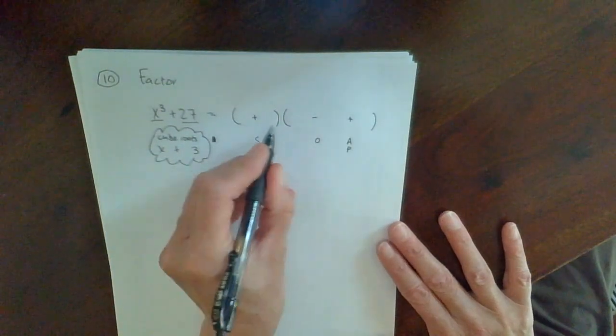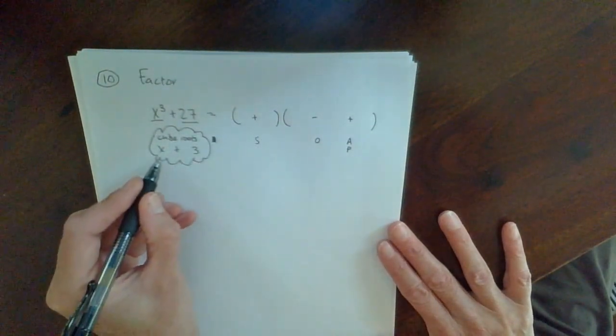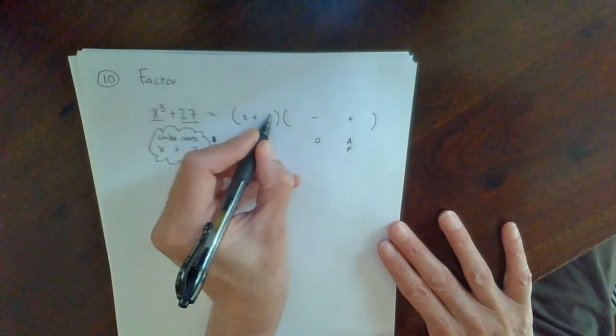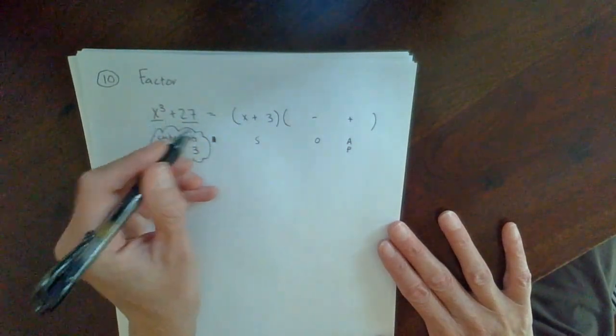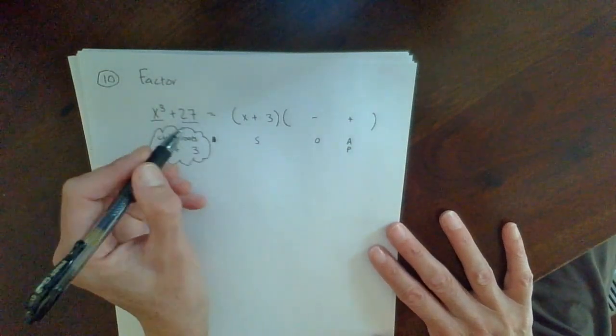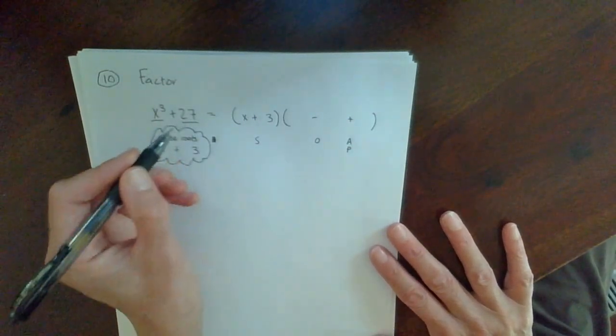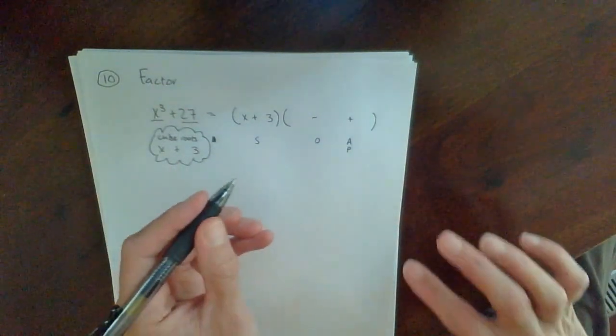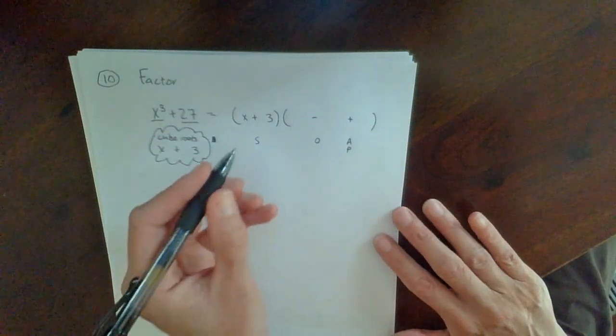All right, these 2 blanks are easy to fill in because they're just these cube roots, x plus 3, which is really what your instincts are when you see x cubed plus 27. I mean, because they're both x and 3, perfect, x cubed and 3 cubed. All right, now this is a little bit tricky.